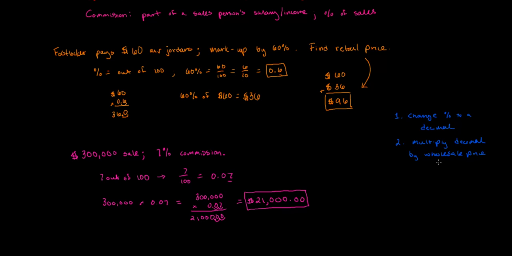So in this case, the wholesale price was that $60, and in this case, for the real estate agent, the sale price was $300,000.